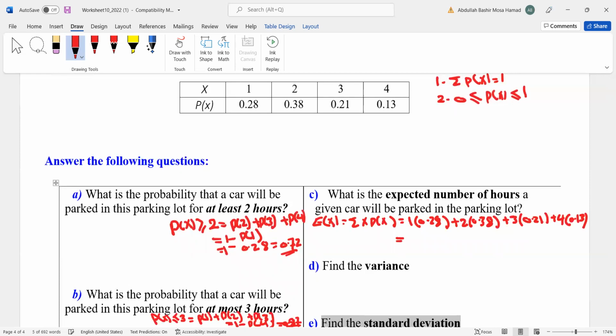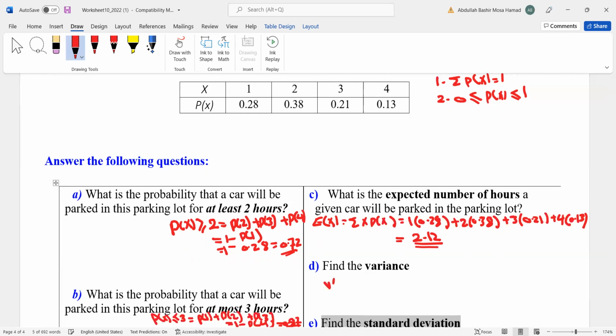By calculator this equals 2.12. So the expected car parking time is 2 hours and 12 minutes.